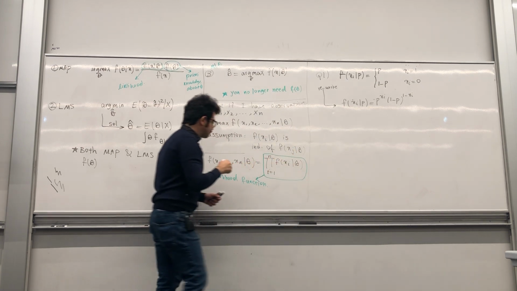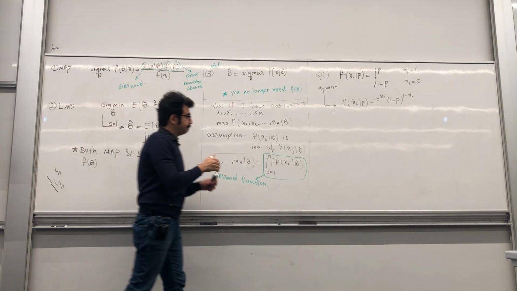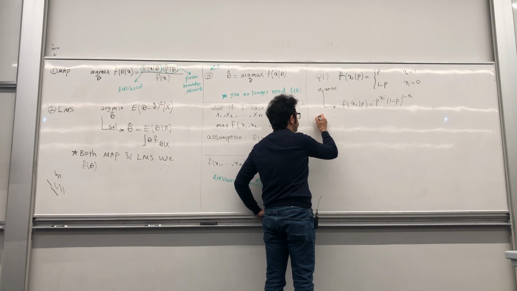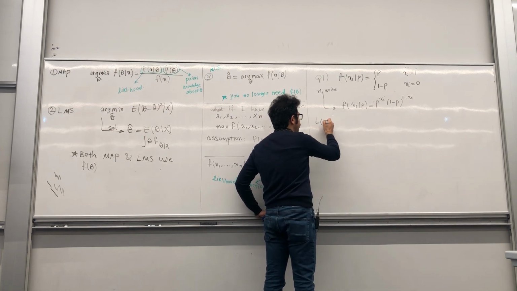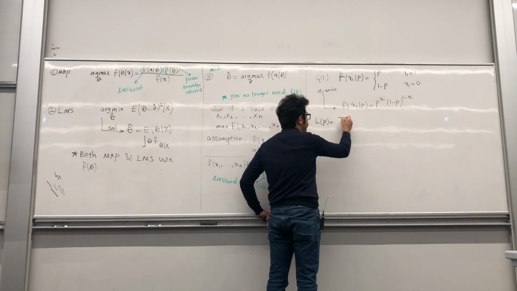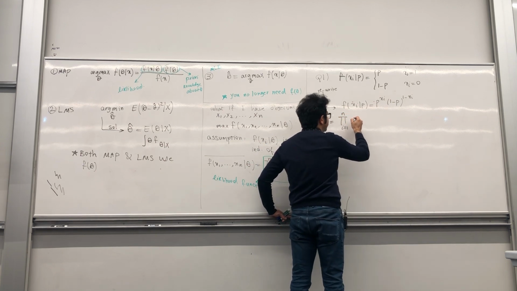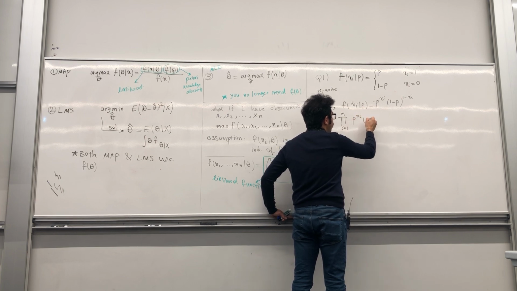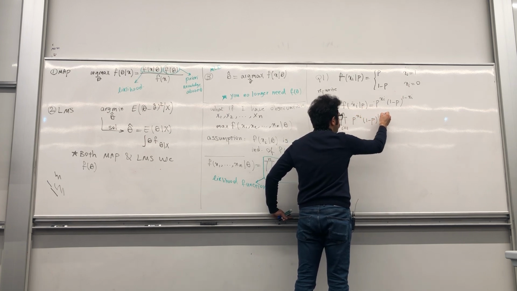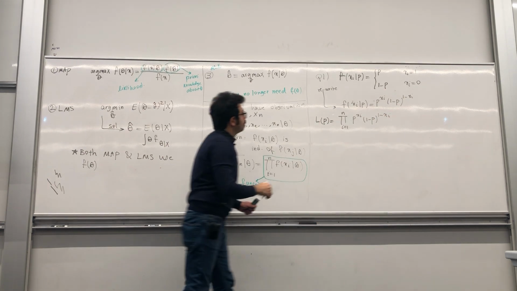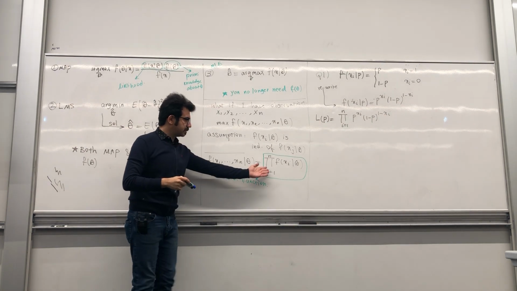Okay, now let's make the likelihood function. The likelihood function is equal to the multiplication, for i from 1 to n, of p to the power of xi times 1 minus p to the power of 1 minus xi. Why? Because I'll just follow this rule.